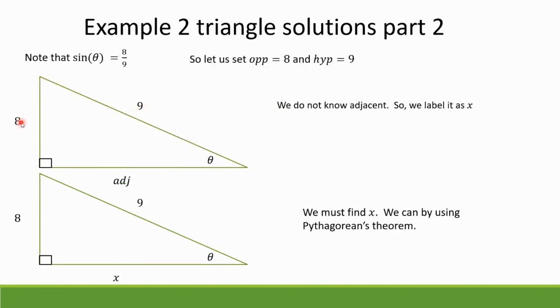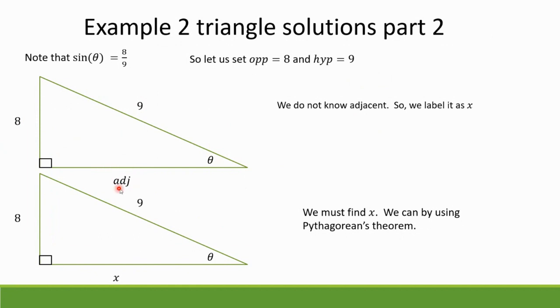So we set the opposite side to have length 8 and the hypotenuse to have length 9. If I gave you this triangle alone and asked what sine of theta is, that's opposite over hypotenuse. So we're good.